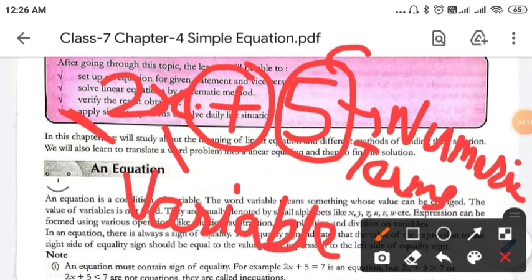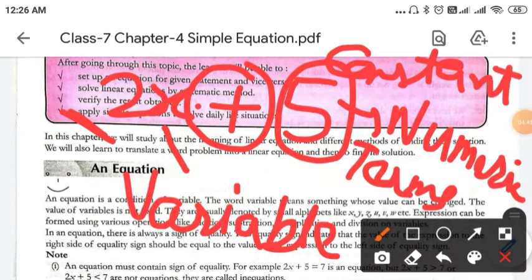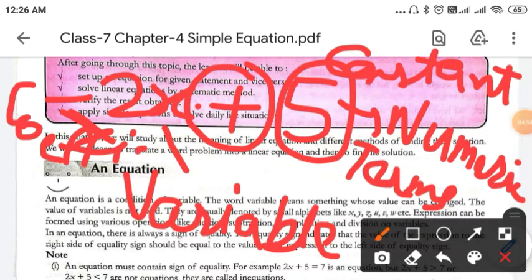The other numeric term is associated with the variable, and it is called the coefficient of the variable. So we have two numeric terms: the constant, which is separate, and the coefficient, which is associated with the variable.